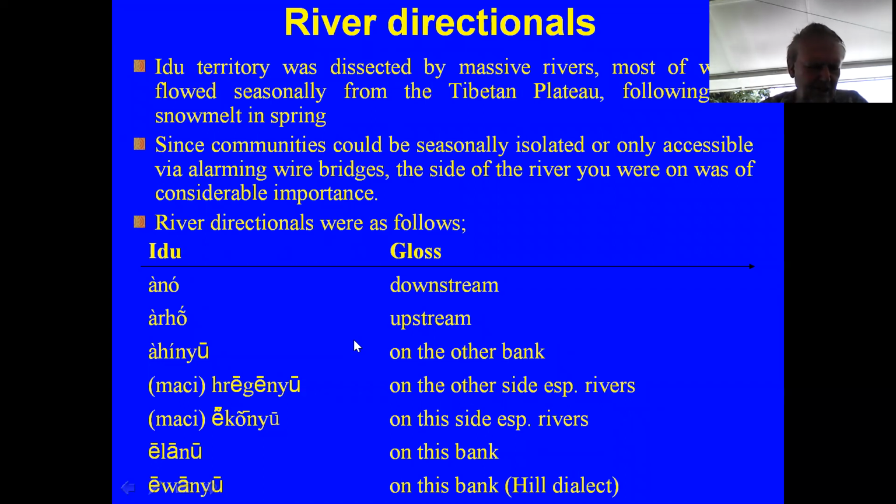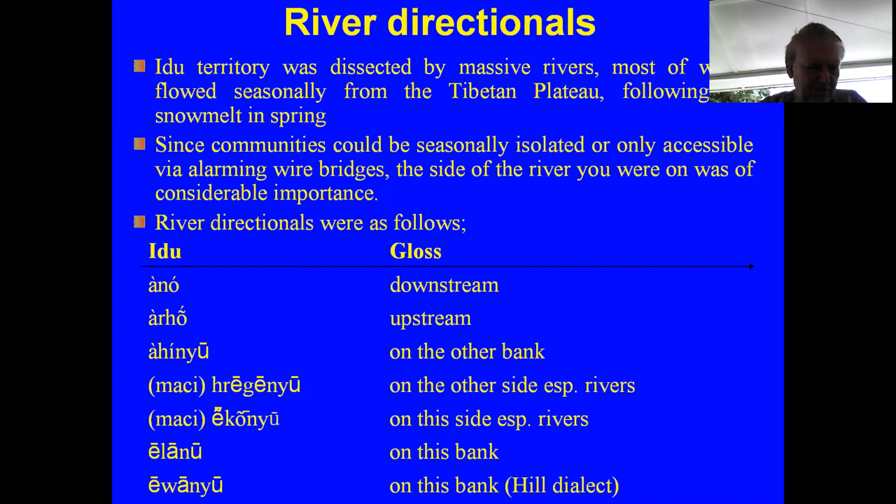Riverine directionals. So Edo territory was dissected by massive rivers, most of which flowed seasonally from the Tibetan Plateau, following the snow melt in the spring. So in former times, and even today sometimes, communities could be seasonally isolated or only accessible via rather alarming wire bridges. Evidently, the side of the river that you were on was of considerable importance.